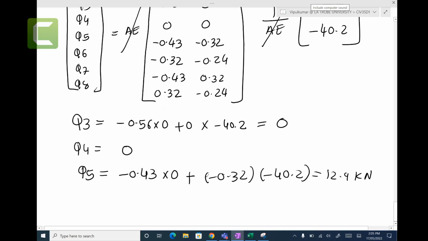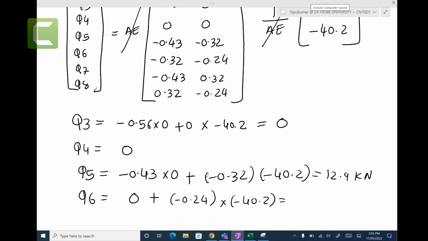which is 12.9 kilonewtons. Q6 is 0 plus 0.24 times 40.2, which is 9.65.